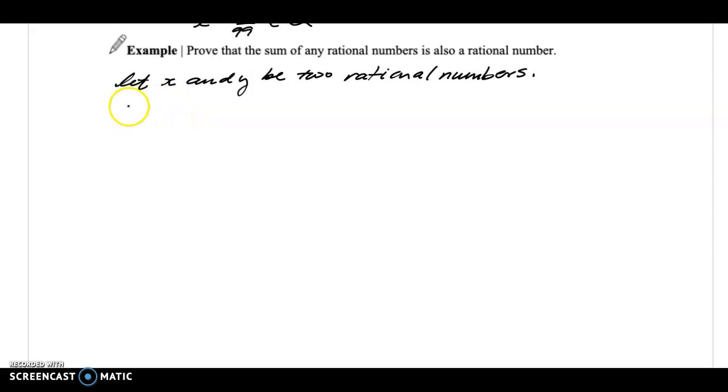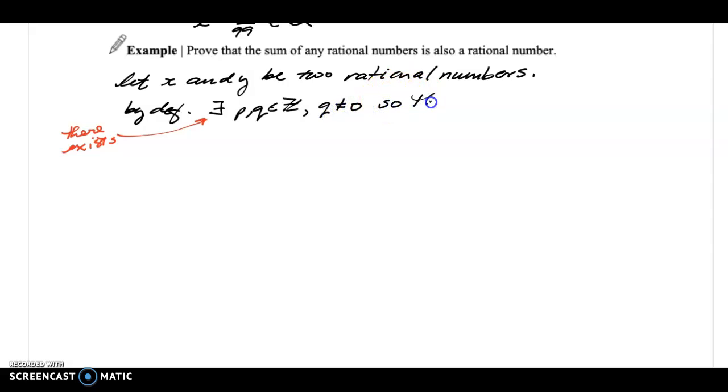By definition, there exist p, q, elements of the integers, where q cannot equal 0, so that x equals p over q.